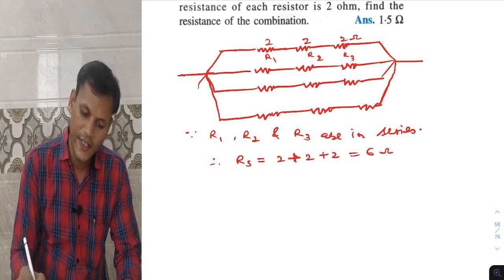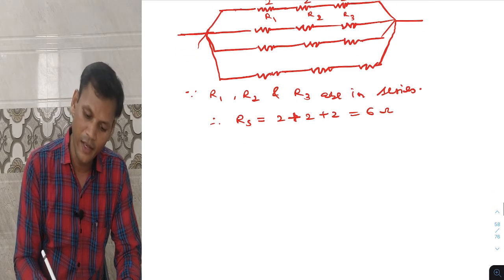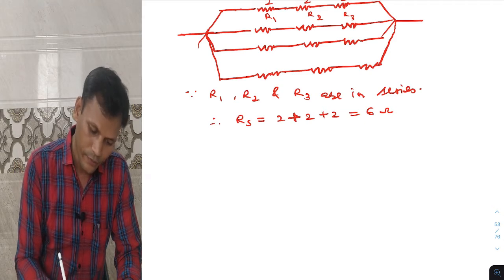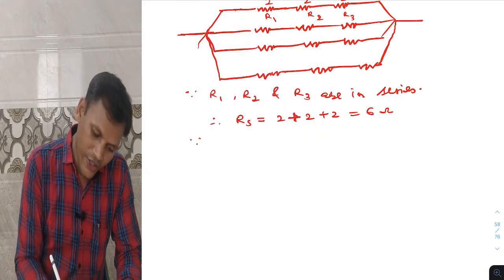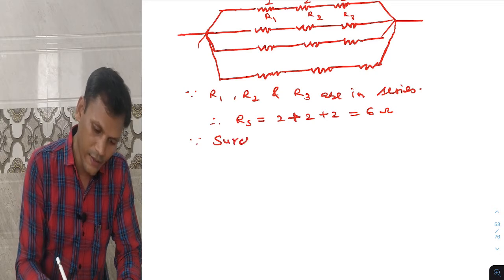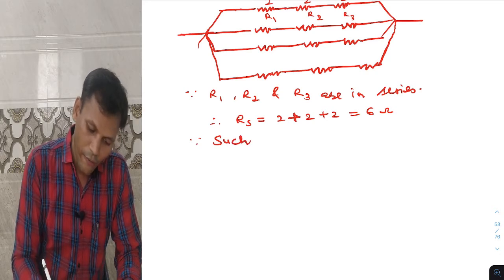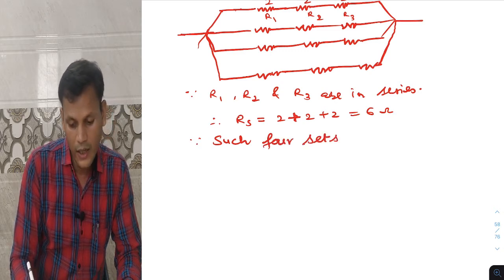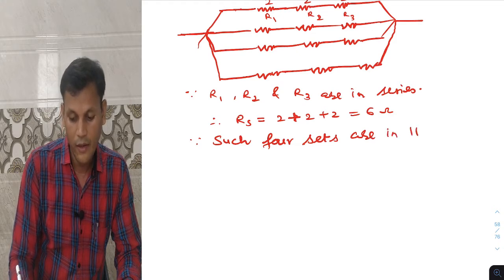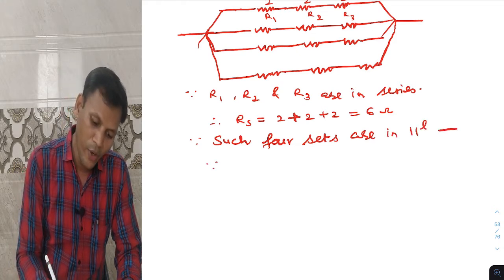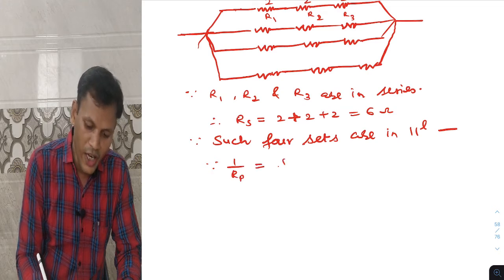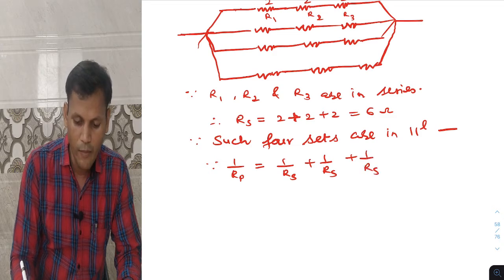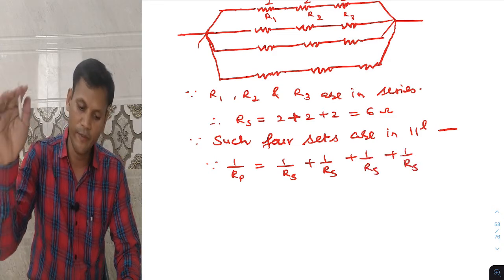Now these all, the 6 ohms, will be in parallel. So we can say now, since such four sets are in parallel, 1 upon Rp will be 1 upon Rs plus 1 upon Rs plus 1 upon Rs plus 1 upon Rs, because it is 4 times.